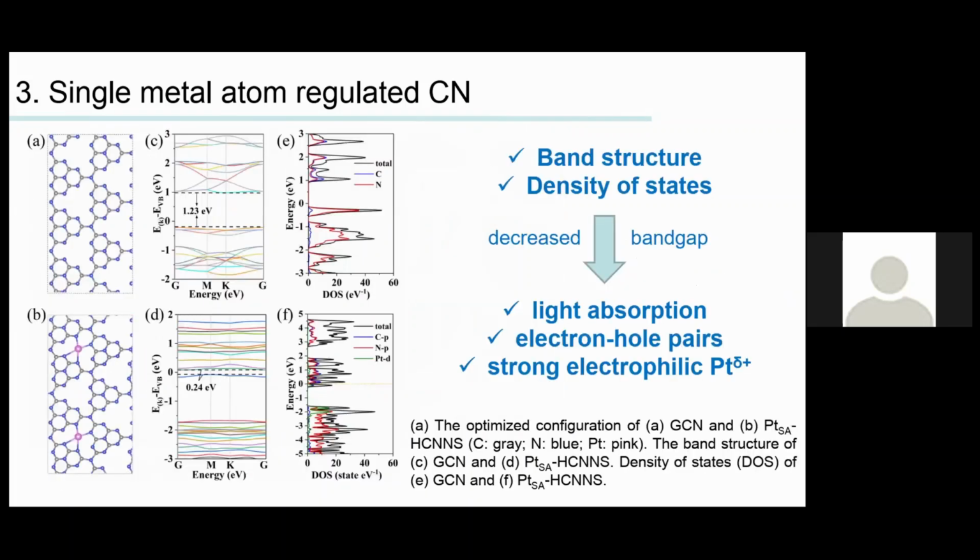Also, DFT calculations for the band structure and the density of states of the carbon nitride catalysts were performed based on the optimized configuration. It could be concluded that the incorporation of single metal atoms resulted in a decreased band gap compared to polymeric carbon nitride, which was beneficial for light absorption and the formation of electron and hole pairs.